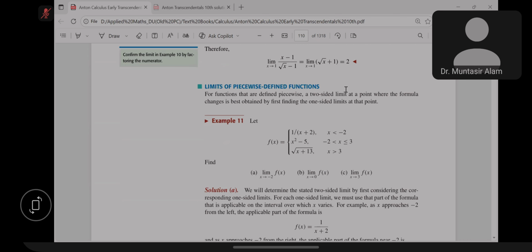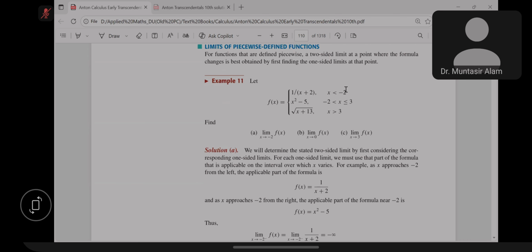And if you find the limit of the function f(x) as x approaches -2, when we say finding the limit as x approaches -2, we need to split the problem into two parts.